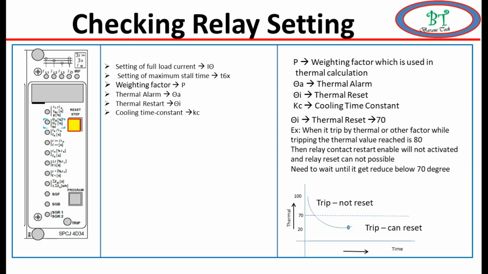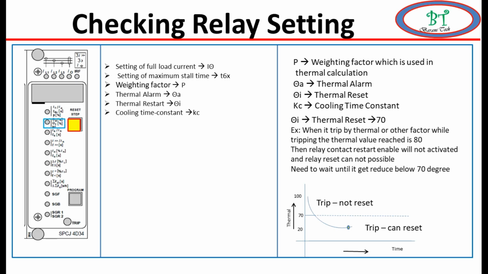From this graph we can clearly see that above 70 degrees the relay will not allow the breaker to close, or it will not give close enable. If it is below 70 degrees then it will allow closing. This curve also depends on the Kc factor.